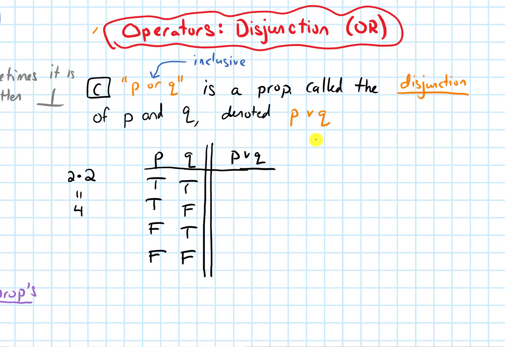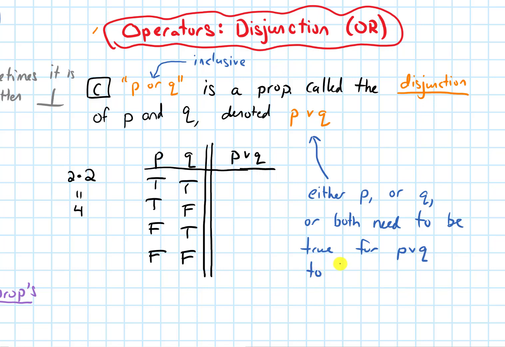That said, for P or Q to be true, either P or Q or both need to be true.